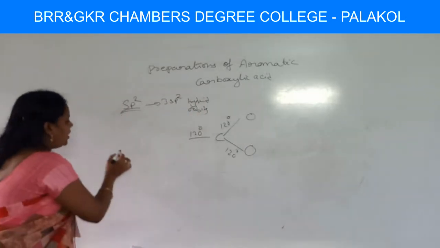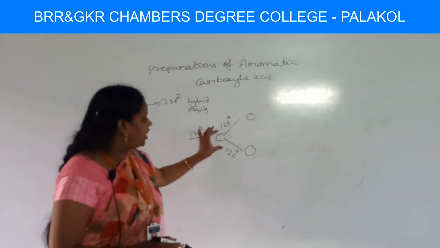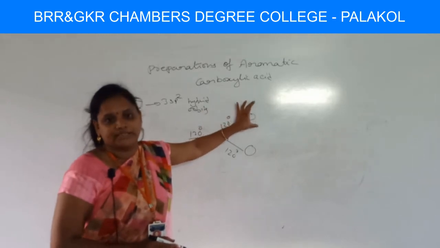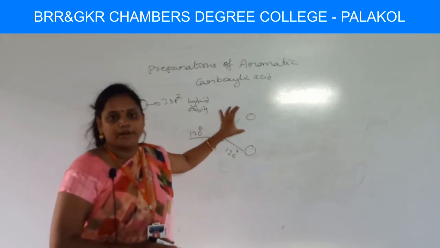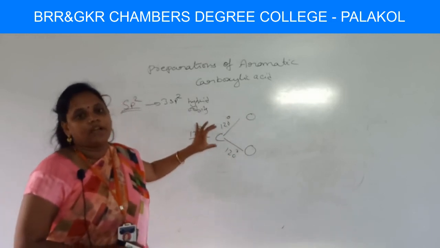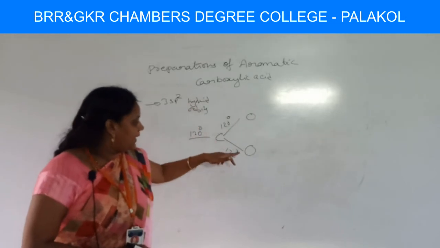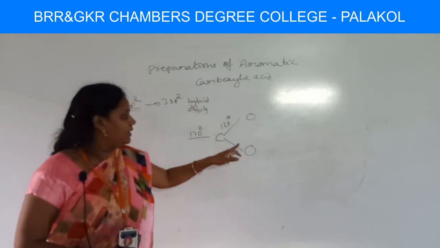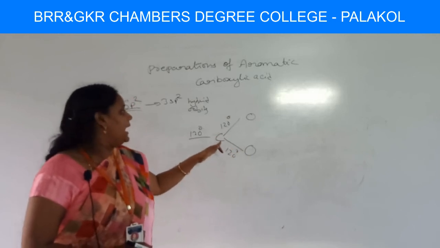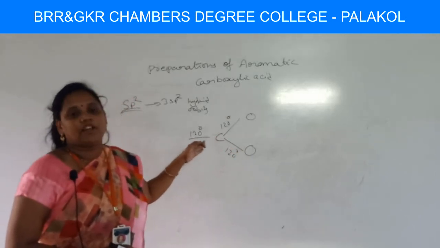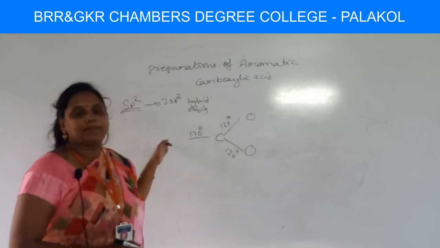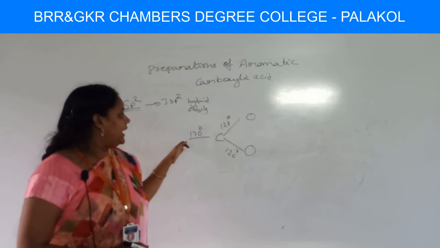One sp2 hybrid orbital of carbon overlaps with an sp2 hybrid orbital of oxygen to form a sigma bond. Again, another sp2 orbital of carbon and another sp2 orbital of oxygen overlap to form a sigma bond. Another sp2 orbital of carbon overlaps with an sp3 orbital of carbon to form a sigma bond.